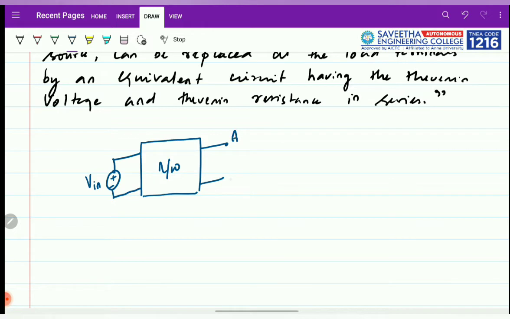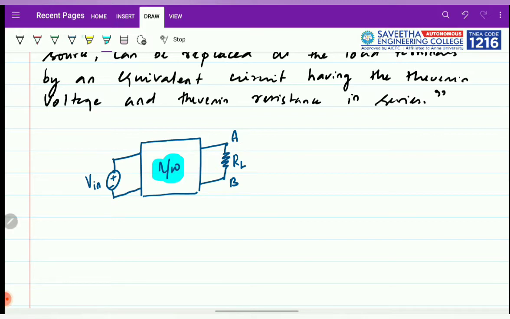I can mark it as A and B as the load terminals, and the load is nothing but the resistance which is connected. Any resistance connected across the load terminals is taken as the load resistance, and the network will have any combination of resistance or other passive components like inductor and capacitor. Considering a DC circuit, I am involving only the resistance inside.